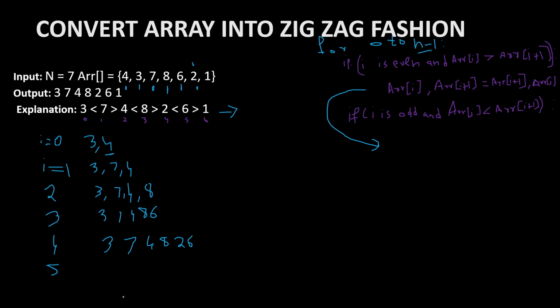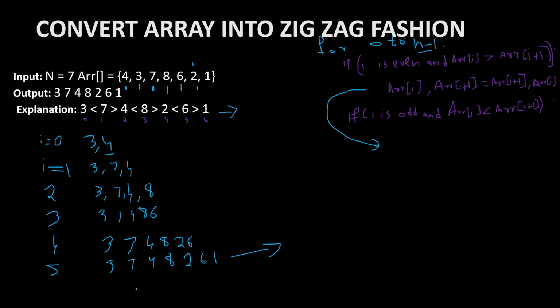It is not smaller, it is greater, so we don't have to swap. It will become 3, 7, 4, 8, 2, 6, and 1. So this is our final value. This is the logic behind the question.